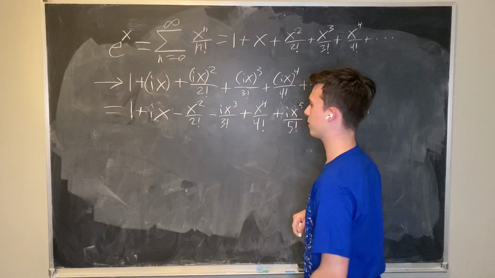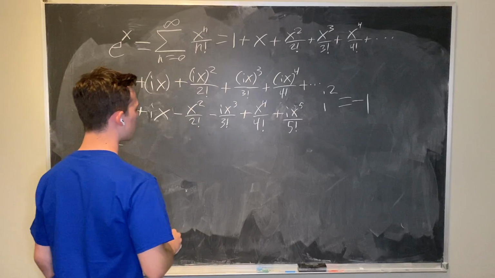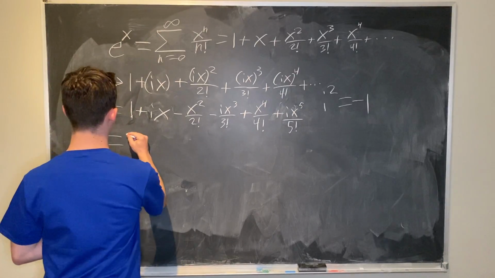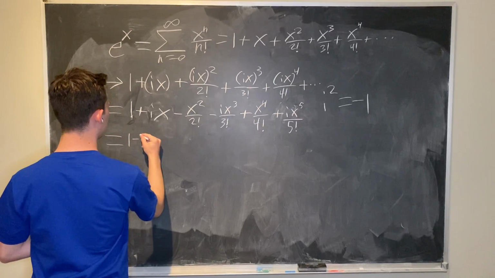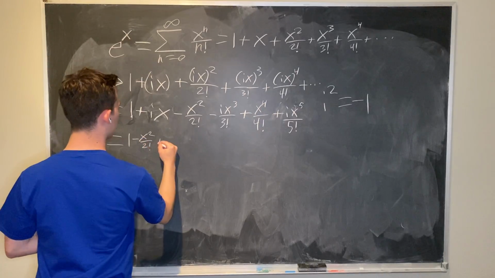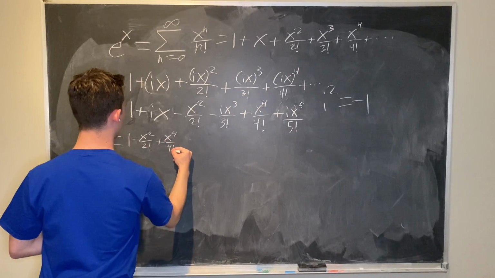I'm trying to think of how to best phrase this. Okay, so let's actually move some stuff around. I don't know if you see it yet, but we have so far 1 minus x squared over 2 factorial plus x to the fourth over 4 factorial.